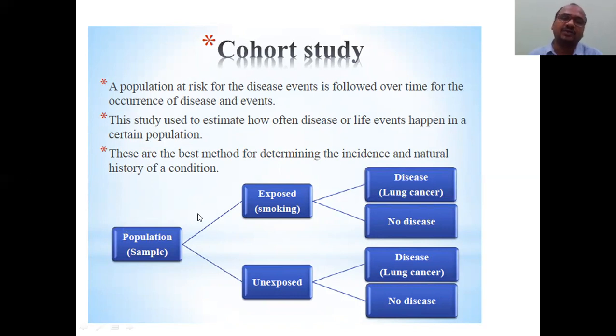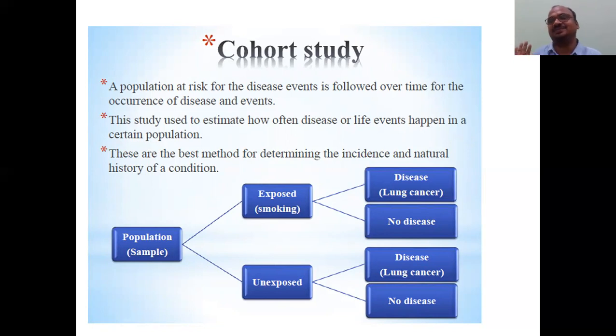So in those 5,000 people of exposure, those taking cigarettes, some people will get a disease. See here, the disease is lung cancer. Some people get lung cancer, and some people do not. Even though they are smoking, they are not getting lung cancer. And in the second group, non-smokers, some people will also get lung cancer, and some people will not.